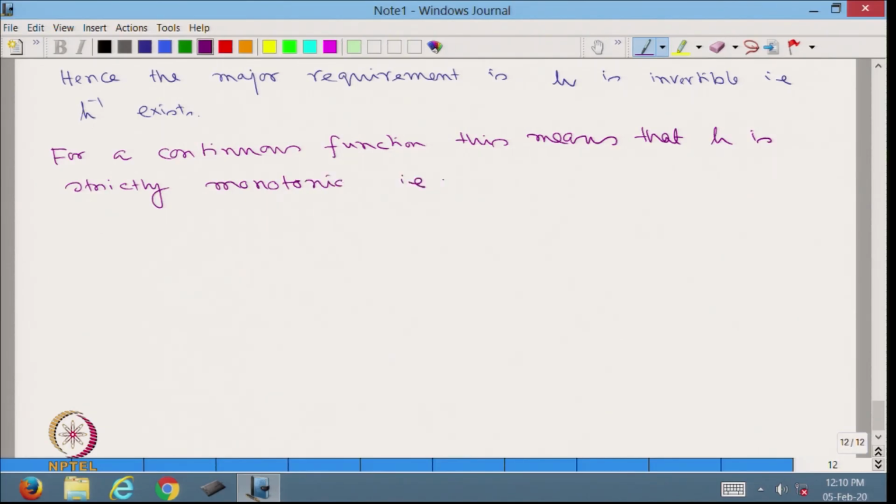That is, either strictly increasing or strictly decreasing.